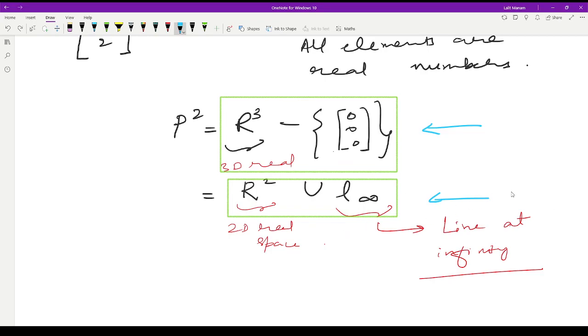What is R2? Real space added to a set of values from infinity. That set of values belongs to what?